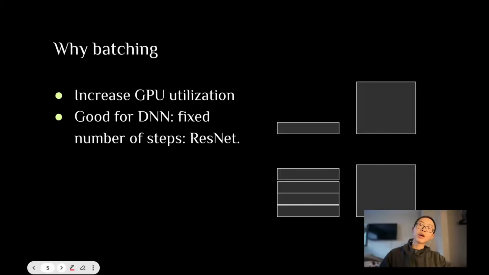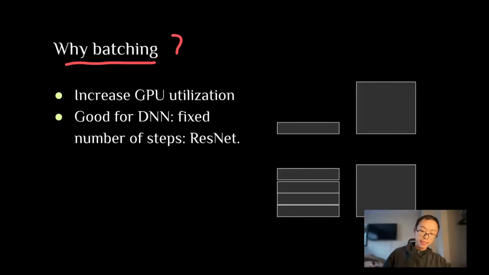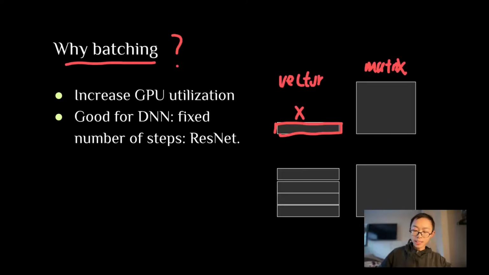So why do we want to batch multiple requests together? If we only have a single request, then it is a vector-matrix multiplication, the vector x and the matrix Wq. This is low GPU utilization.